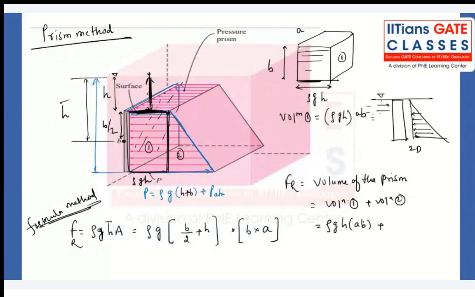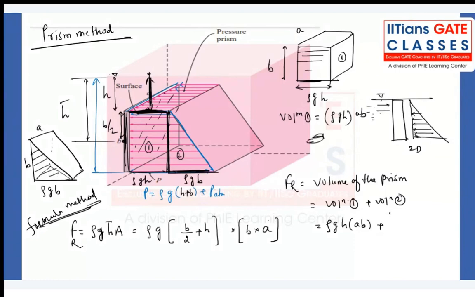What is the volume of the second prism, guys? The extra pressure at the bottom comes because of this further height B, rho g into B. Then what can we write, my dear friend? Rho g into B, B into A. Then how to calculate the volume of this particular prism?